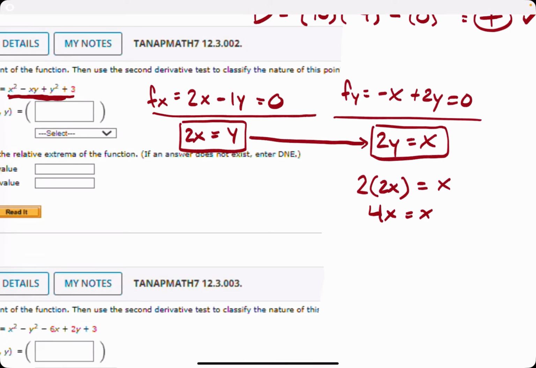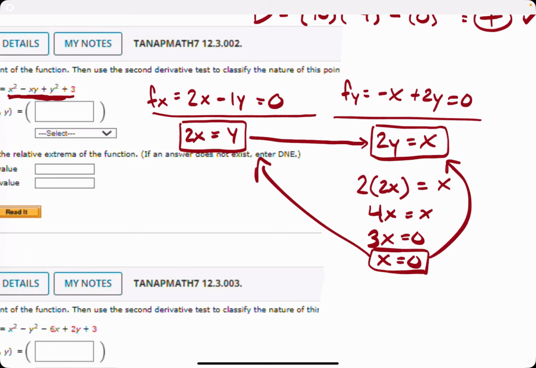And so you wonder, how could that be? Well, if you subtract x on both sides, you have 3x equals 0, which means x must equal 0. So then you plug that back into either of these, it doesn't matter. And you find that y must also equal 0.